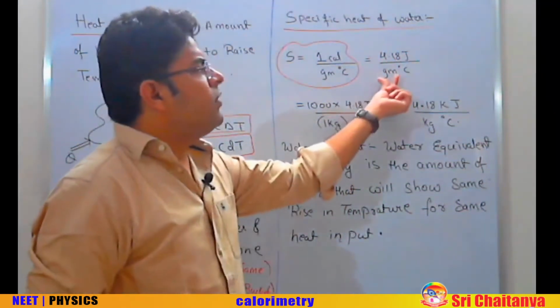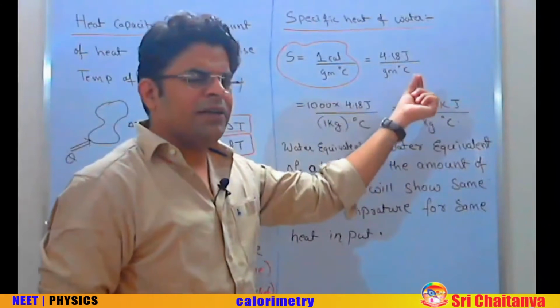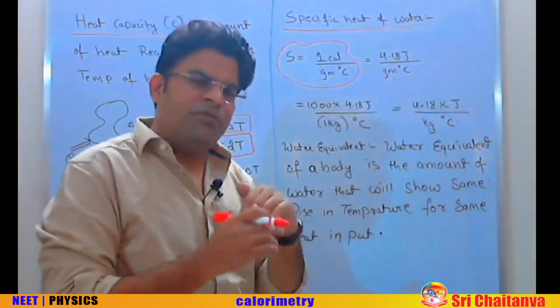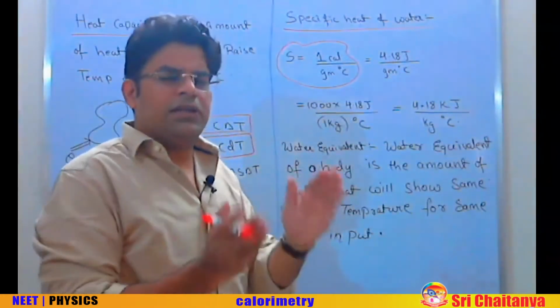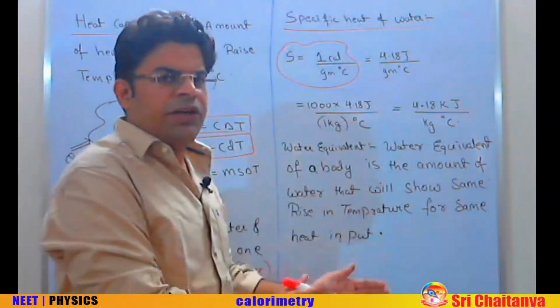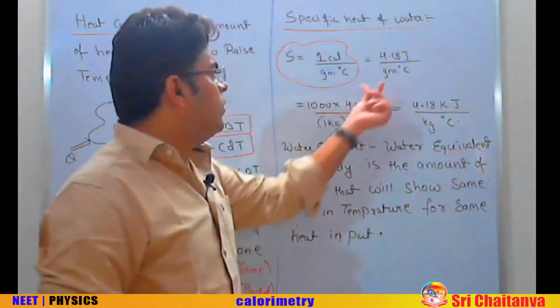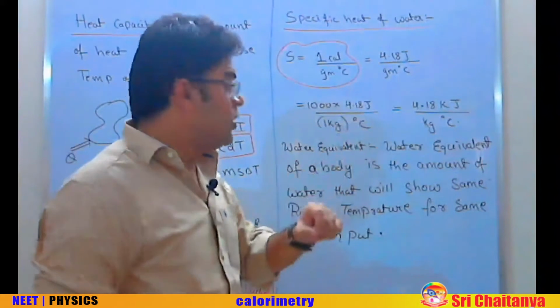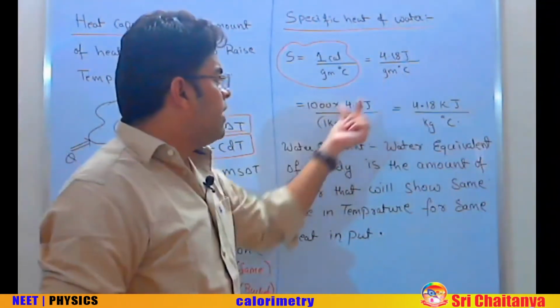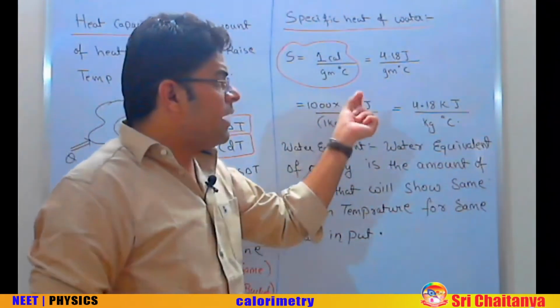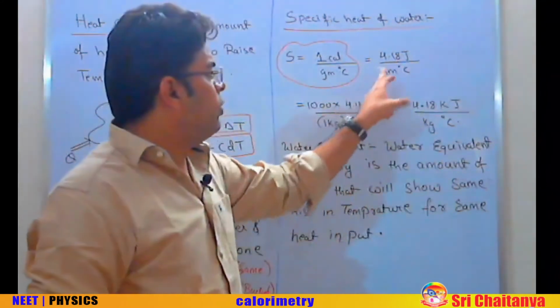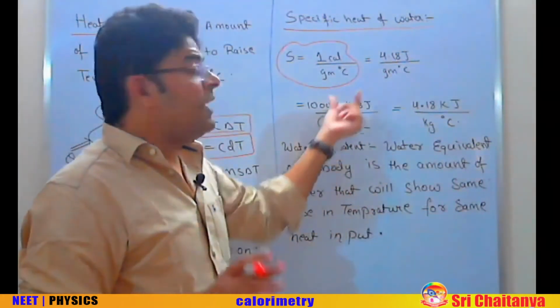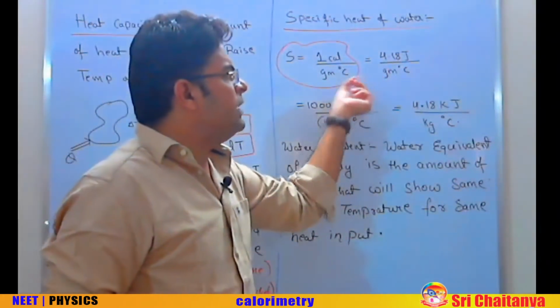Gram is not at all an SI unit. Joule is, and degree centigrade is kind of like Kelvin, but when it comes to change, 1 degree change in temperature on centigrade scale and Kelvin scale is the same. So in place of gram, we have to write kg. If I want kg in place of gram, 1000 gram is 1 kg. So I have to multiply the denominator with 1000. It will be an illegal operation. You just can't multiply the denominator with 1000.